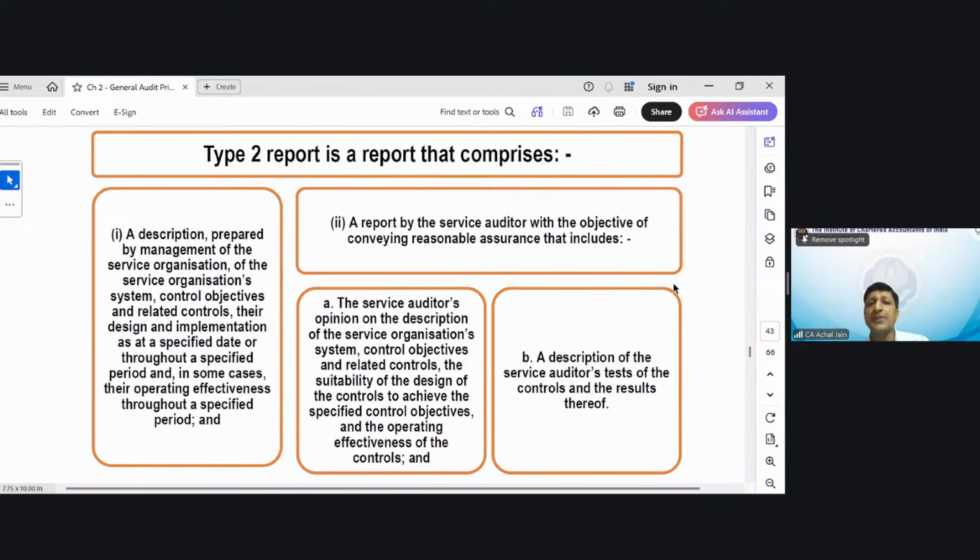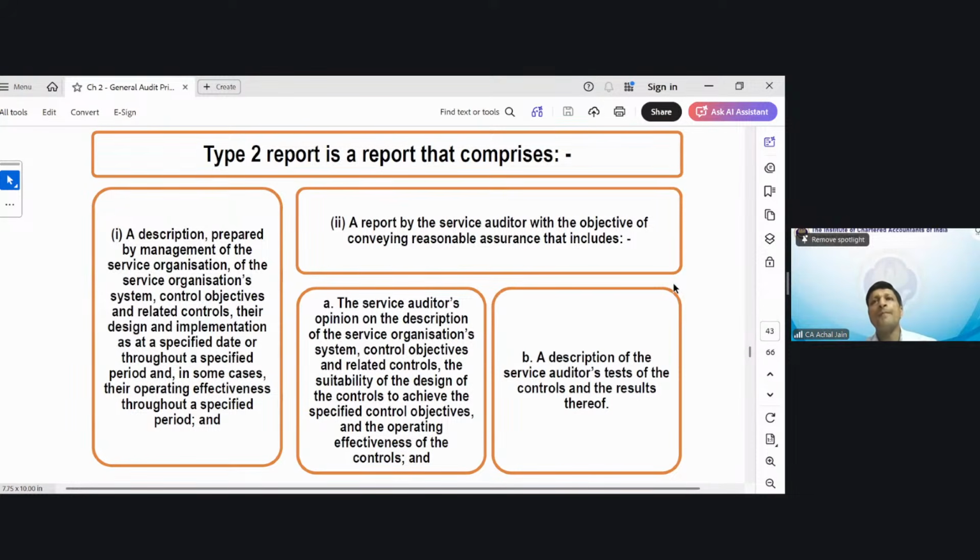What do you see in case of type 1? Throughout a specified period. And in some cases, their operating effectiveness throughout a specified period. Now that's why this is considered to be something which is going to be helpful, relevant.